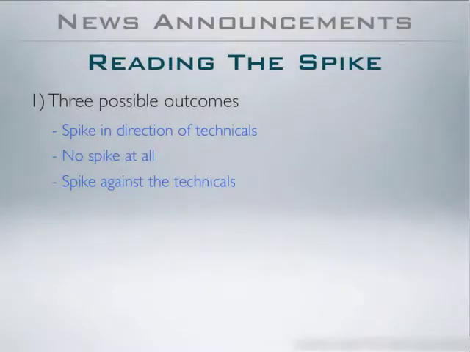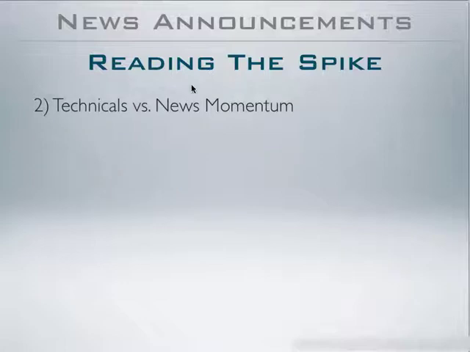So should we get this third possible outcome, how can we possibly benefit from that? In theory, it should not be positive at all, right? But that's not quite true. We can still extract some benefit out of that potential outcome. Here is how: by having the technicals and the news in disagreement, or rather, by confronting the technicals versus the news momentum, we are going to be able to gauge how strong those technicals actually are.